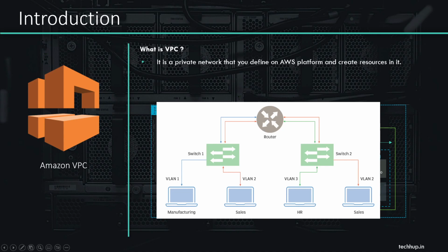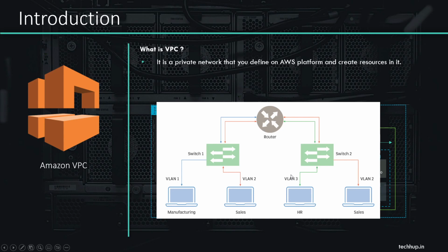Let's say this diagram depicts a typical office network. Here you see a router and a couple of switches that are implementing a physical LAN in your office area. Now, this physical LAN is clustered into individual functions like manufacturing, sales, HR by implementation of VLAN 1, 2, and 3.